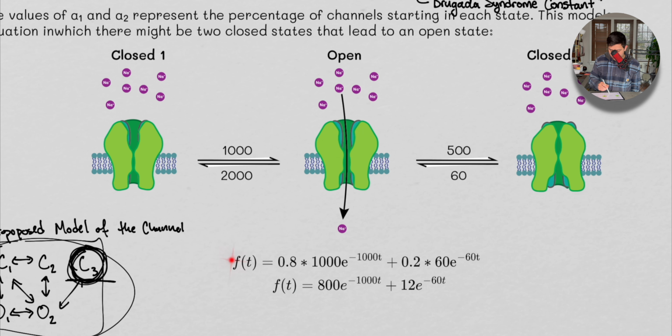All right, so the overall function that takes us from a closed non-conducting state to an open conducting state looks like this. And we have this 0.8 and this 0.2 as factors that tell us what the actual number of proteins is that we're dealing with, right? So this here, we can call A1 and A2, right?